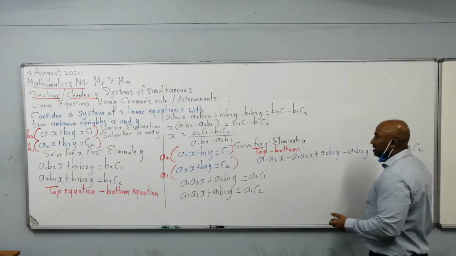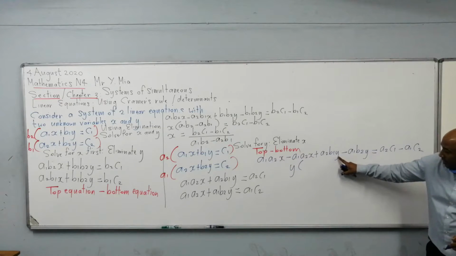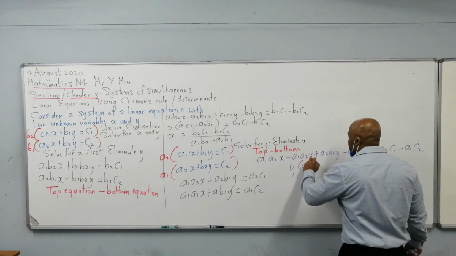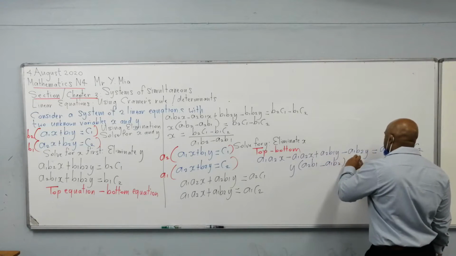So what happens here is, these two are identical, so when you subtract, you get 0. Here, I can take out y as a common factor, and I'm left with A2, B1 minus A1, B2.